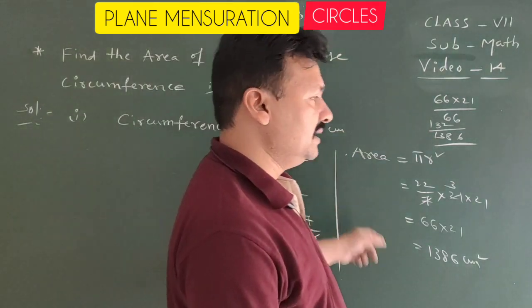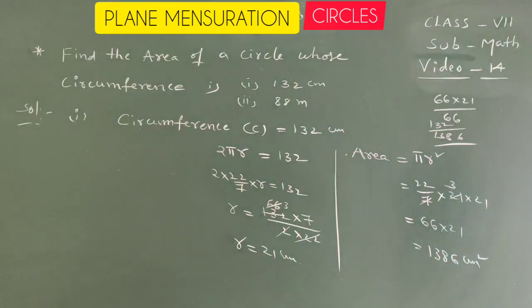Circumference of a circle C equal to 132 they gave, that is 2 pi r, 2 into 22 by 7 into r equal to 132, r equal to 132 into 7 by 2 into 22. 2 here 66 times, 22 3 times. 22 3s are 66.